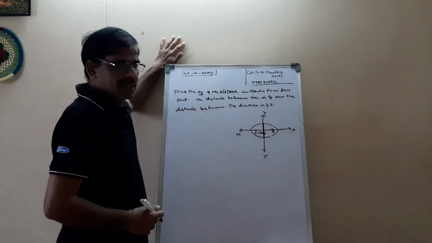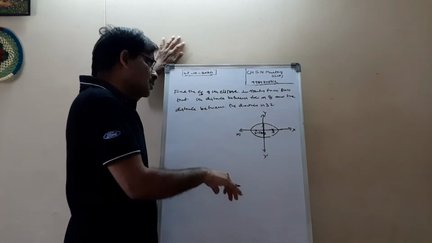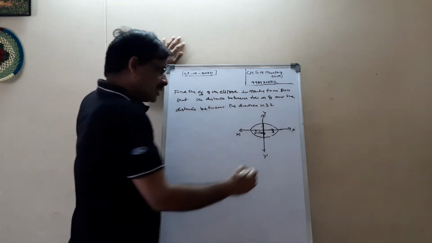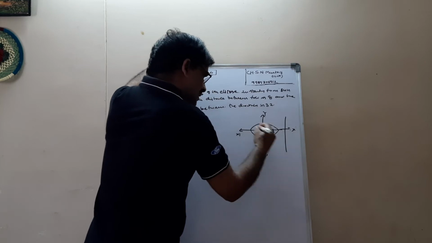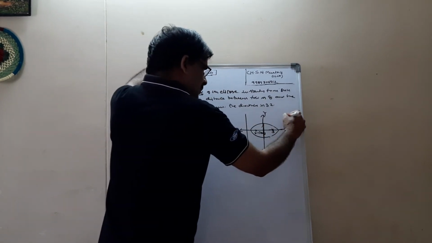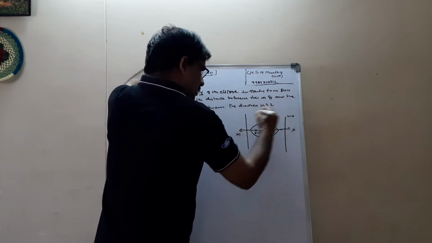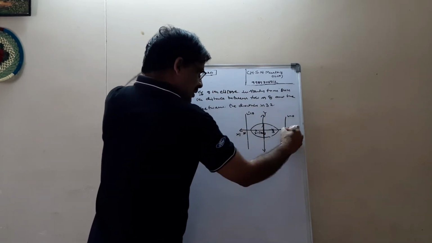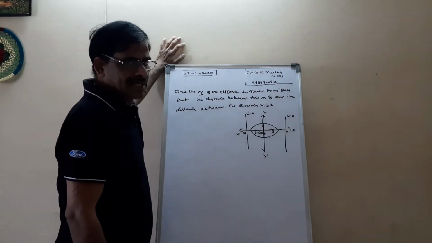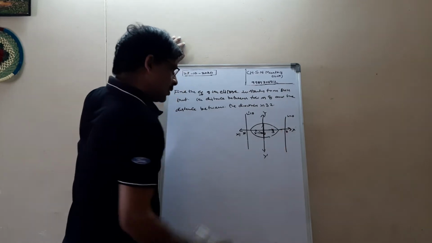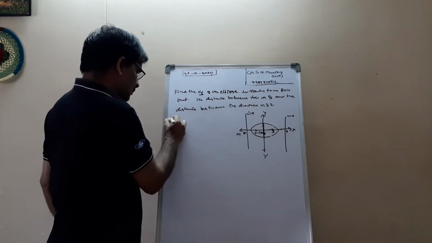Latus rectum was given in the previous problem. See, in this problem, what is given? Directrix is given. See, this is the directrix on one side, this is the second side. Let it be L equal to 0, this is L dash equal to 0. You know, these are intersecting the axis at Z and Z dash. See, what is given?